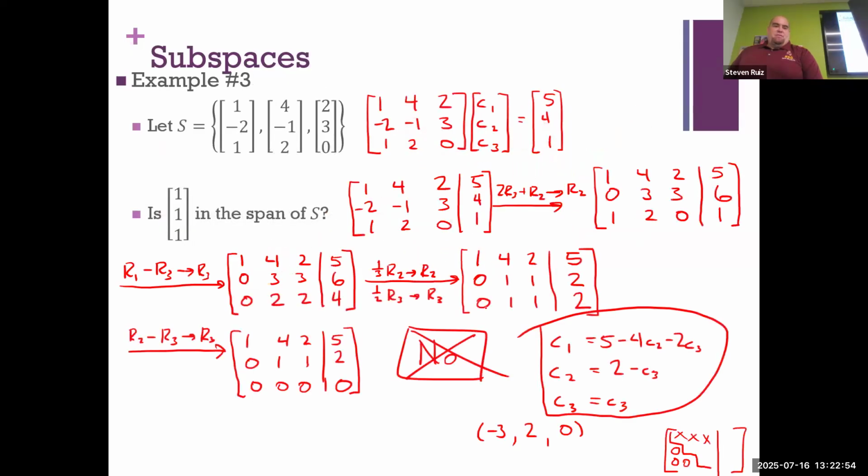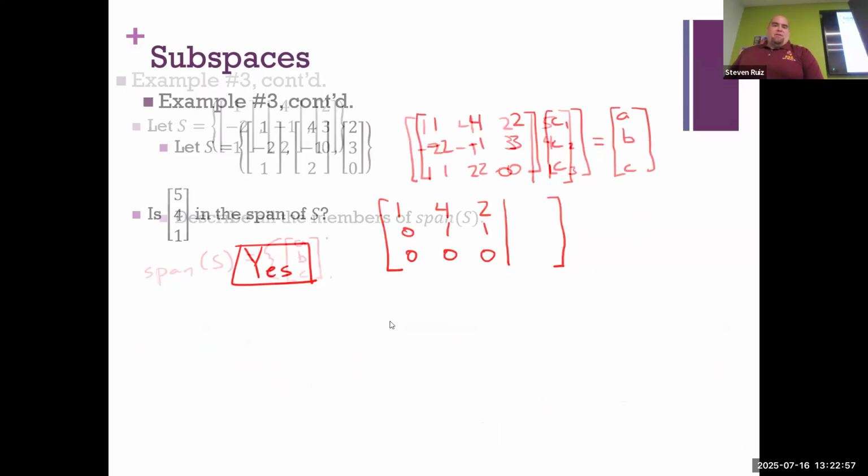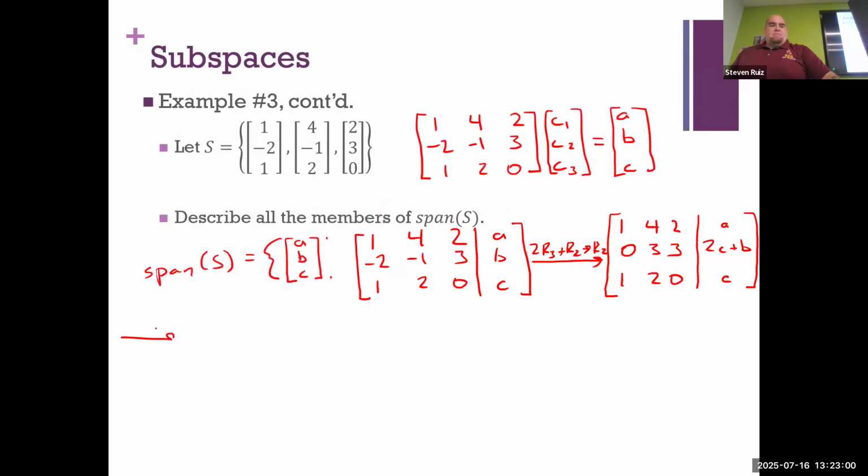Then what do we do? Row 1 minus row 3 to row 3. A minus C.